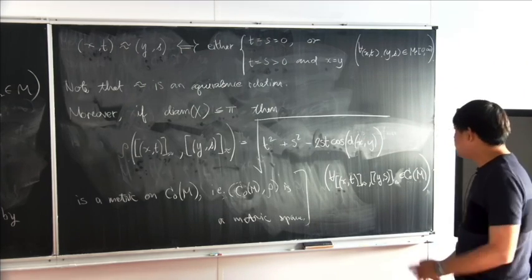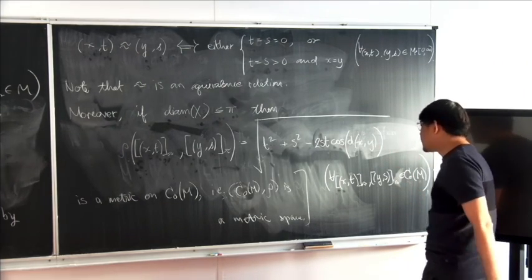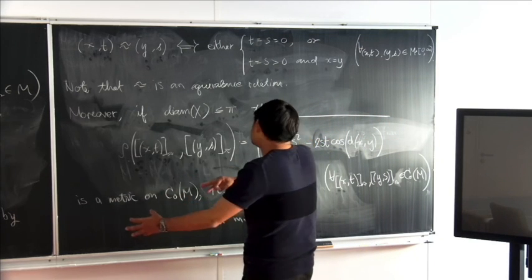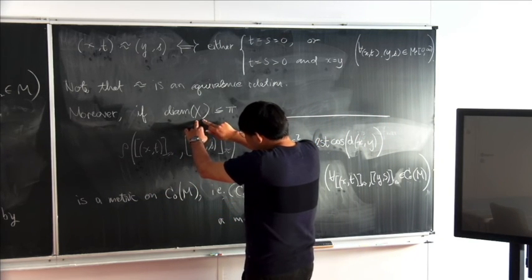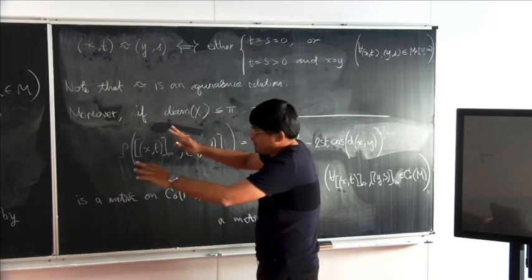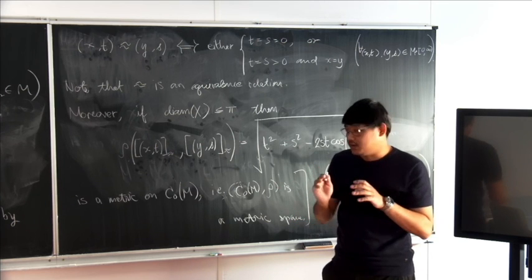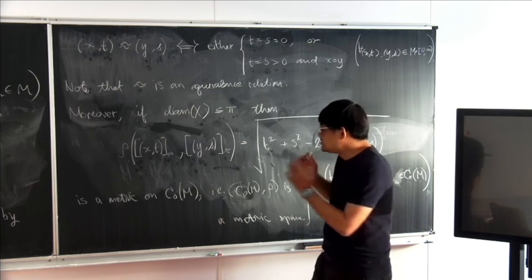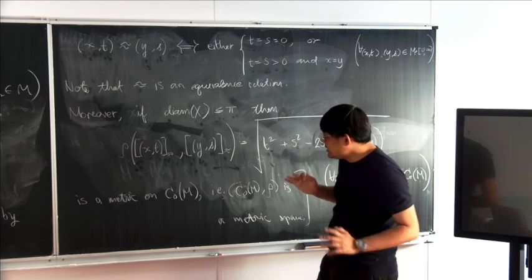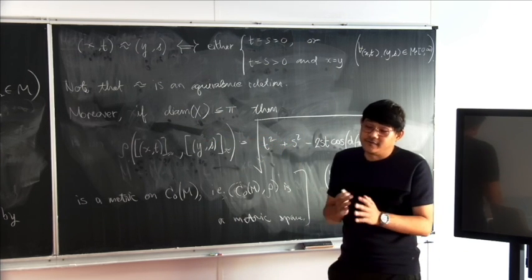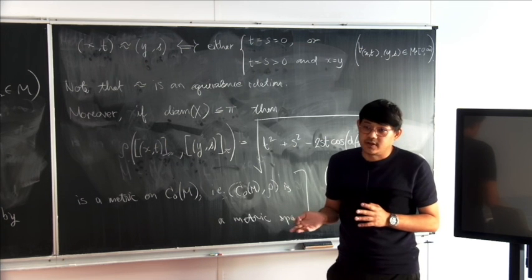If you really look at this definition, the distance on M should be some kind of angular metric. That's not forced, but if you want to interpret the definition, you have to think of the distance on M as some sort of angular metric.